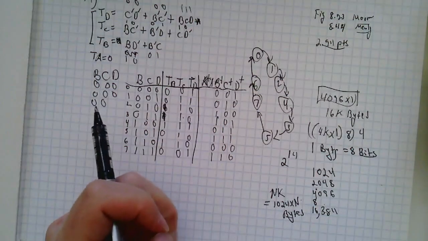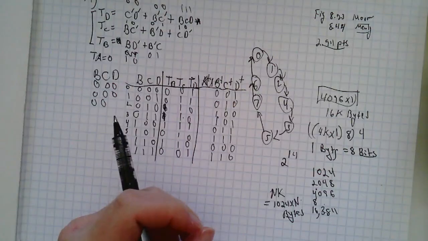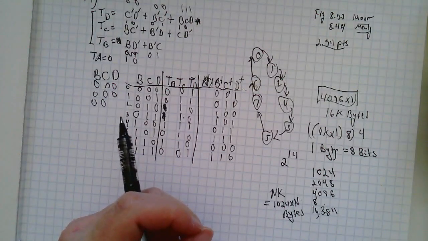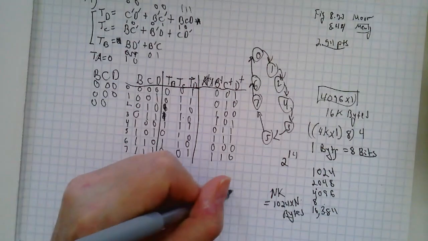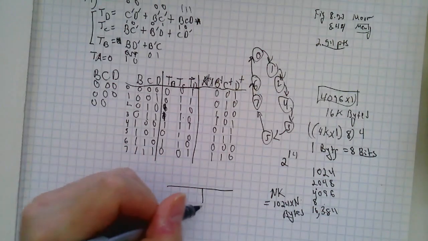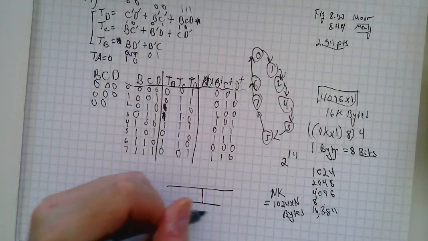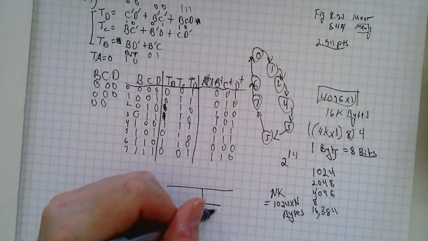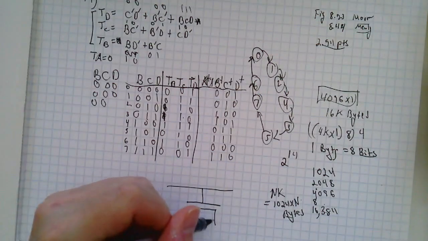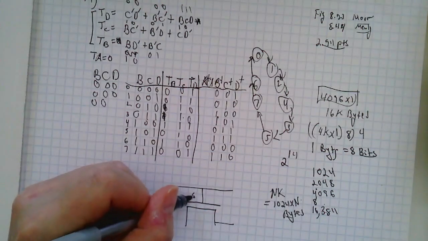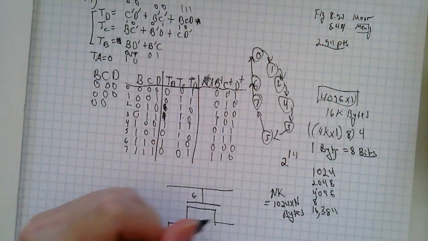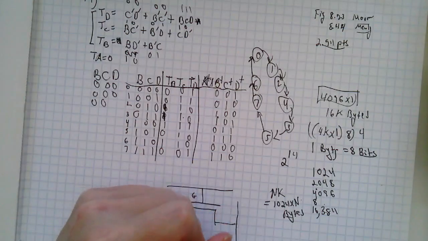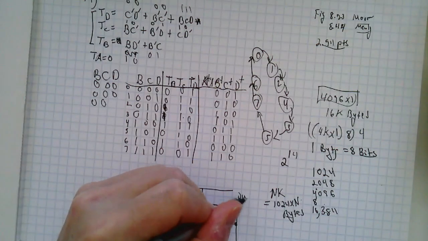Now the question is, are the bytes static RAM or are they dynamic RAM? What's the difference? Well, dynamic RAM uses a gate, like a field effect transistor. This is the gate. And then it gets charged when the gate is asserted, and the data line is asserted high.